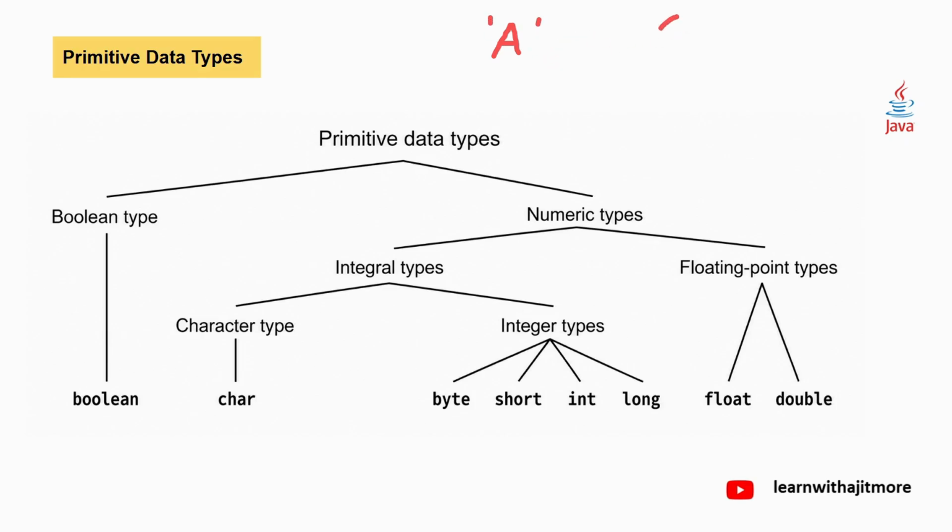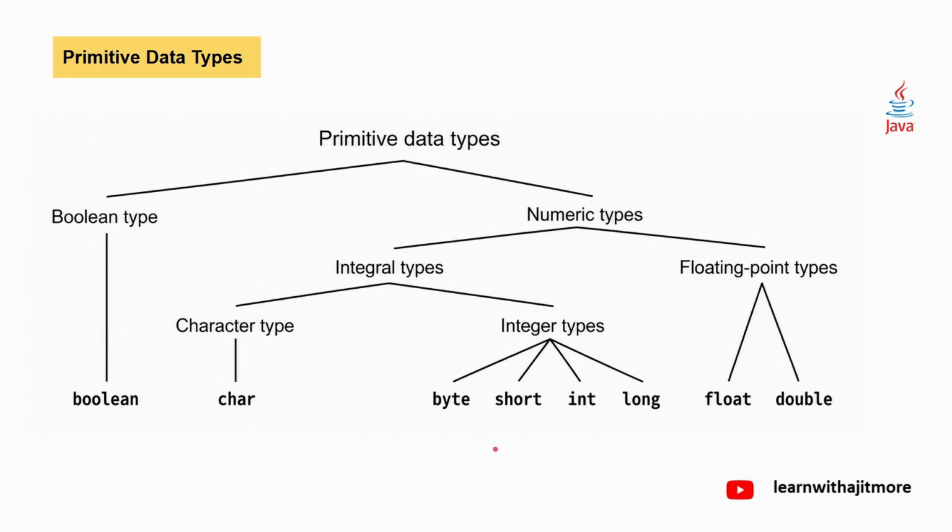Every character will have its equivalent code. If it's small a, it will have its code. And that code is a number only. So ultimately that number only will be stored in the memory. But it is by default unsigned, right? And these four which come under integral, they are signed.